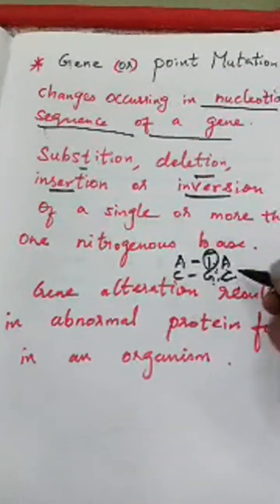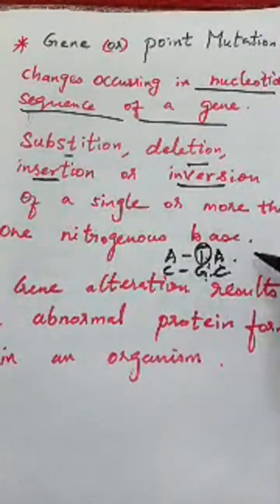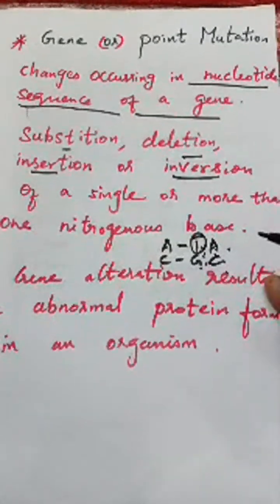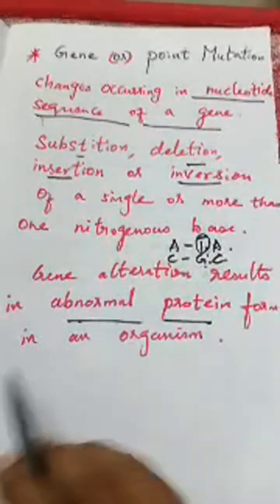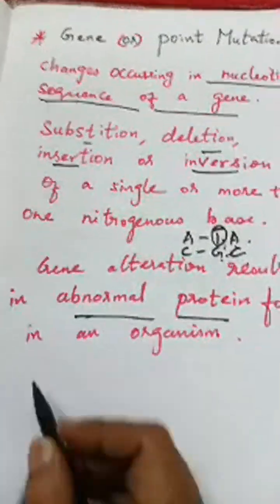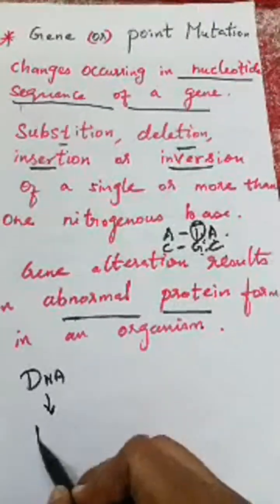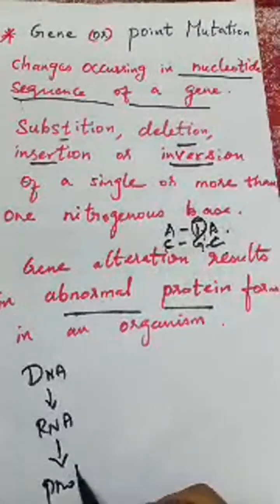Understood? So if there is a gene or point mutation, what will happen? The gene which is responsible for the protein formation will be abnormal, so you will be getting abnormal protein. I told you in the previous class that DNA is responsible for RNA formation, and then RNA will produce the protein.